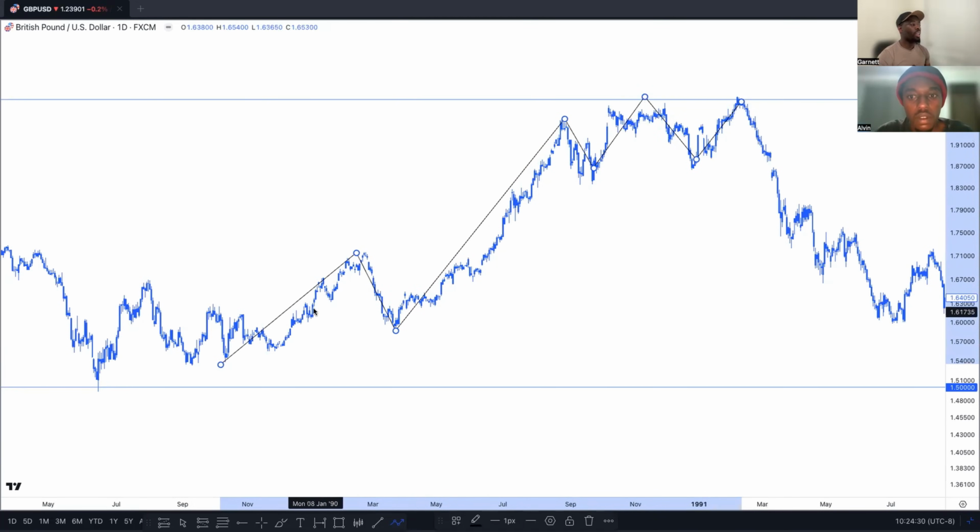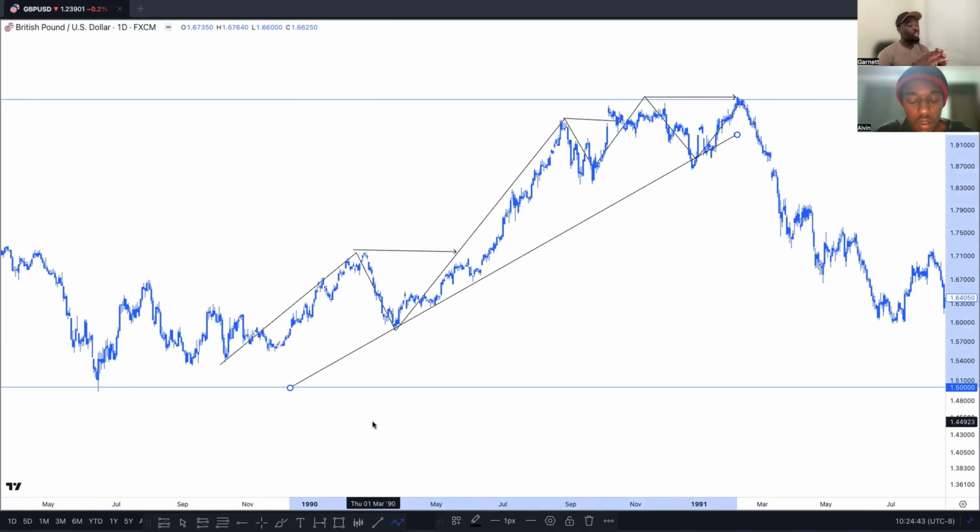So you can actually see how price is taking out this area, price is taking out this area, and price is coming back. So this right here is what you're looking for. Some price action, not just any price action. You're looking for price making higher highs and higher lows. It's doing it progressively. So this right there is clean. That is the kind of price action you want to work with.